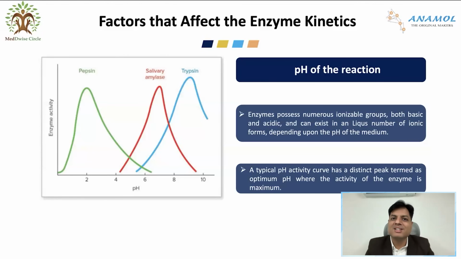And when the pH of the reagent is changed, then even though the enzymes are present in the reagent, they will not show maximum activity. This will eventually lead to an erroneous result. That is why it is important to maintain the pH of the reaction mixture.